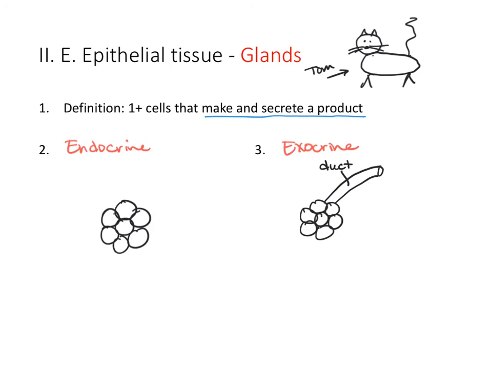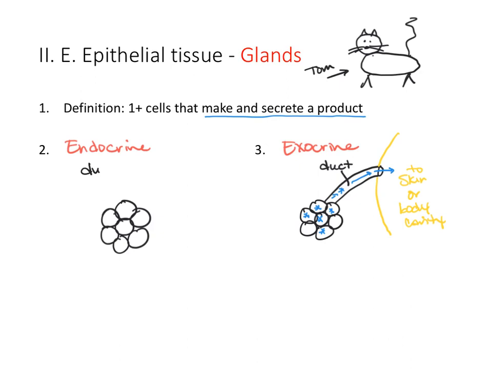So a duct is going to be like a little tube or a little straw or something, and it is going to take products that are made by the exocrine gland cells, and it's going to move them out of the exocrine gland cells to either the external body surface, so we're going to go either to the skin or to some kind of internal body cavity. So maybe that would be the inside of your stomach.